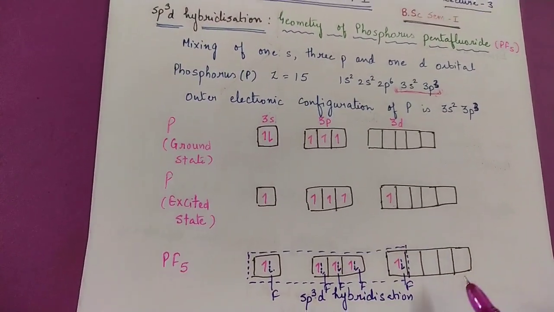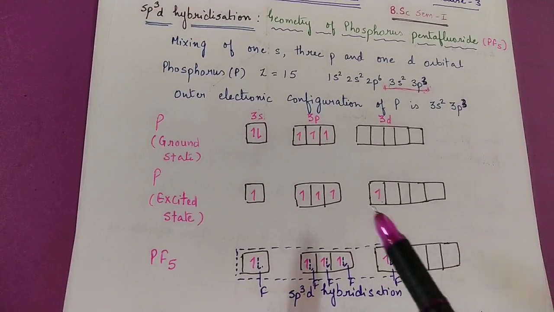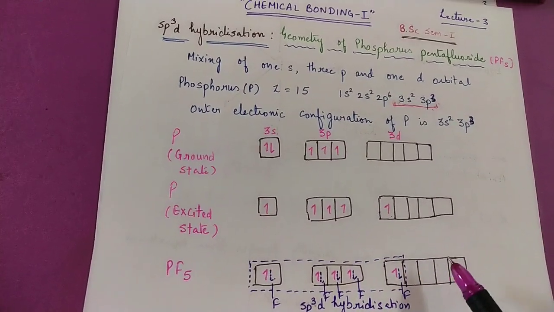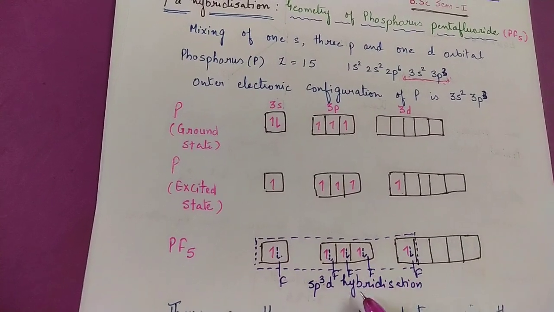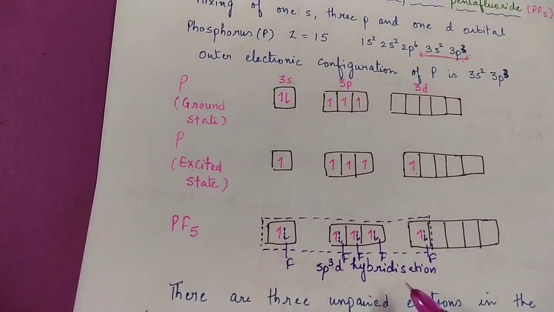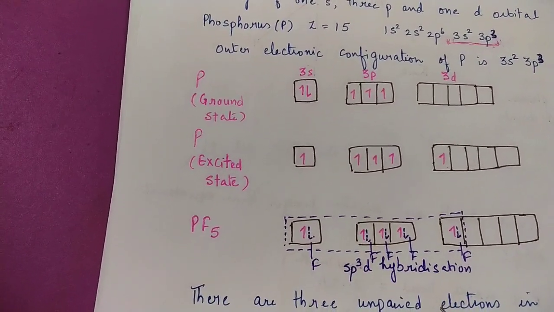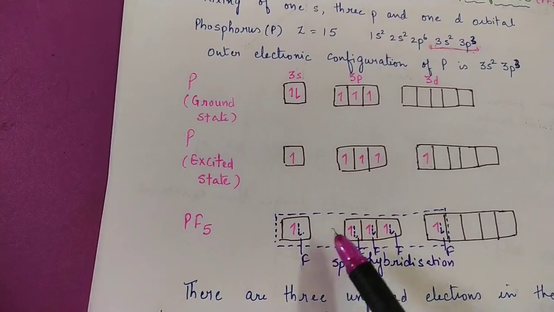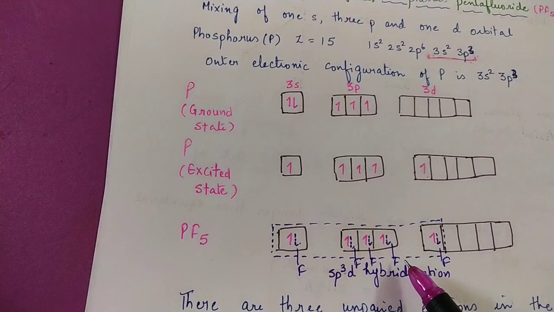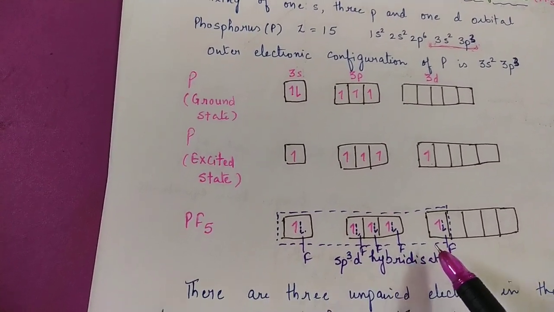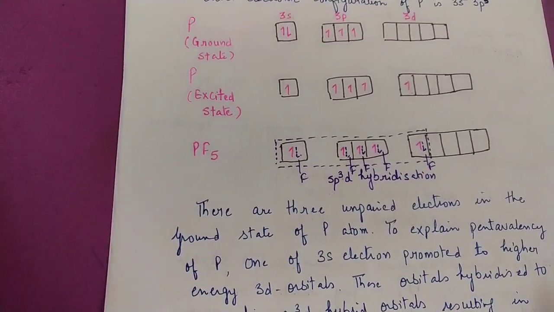Now there are 5 unpaired electrons, right? Now these orbitals hybridize to give sp3d hybridization, and each of the sp3d hybrid orbitals then overlaps with the 2p orbital of fluorine, forming the P-F bonds.